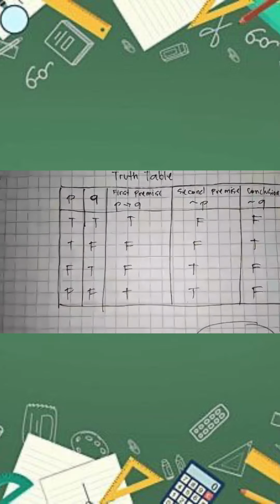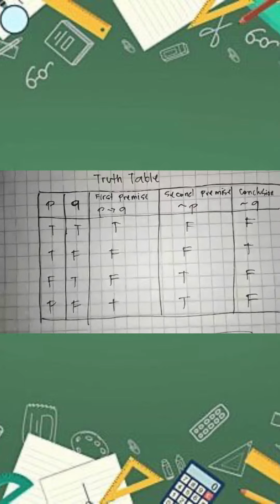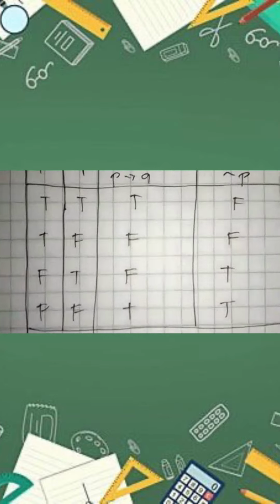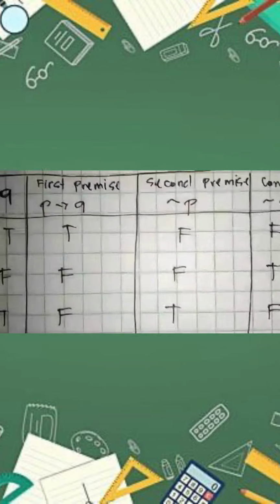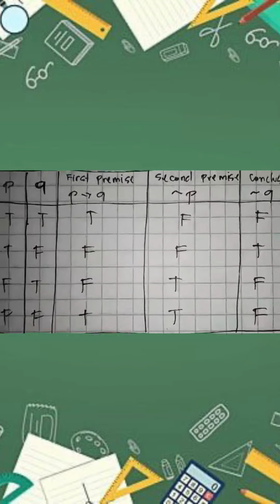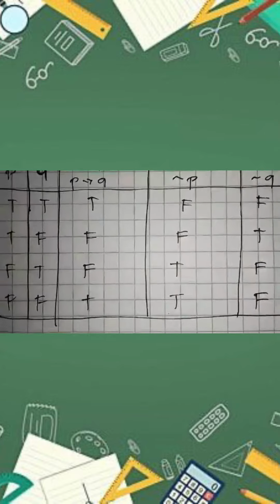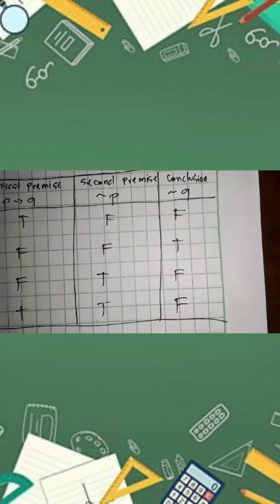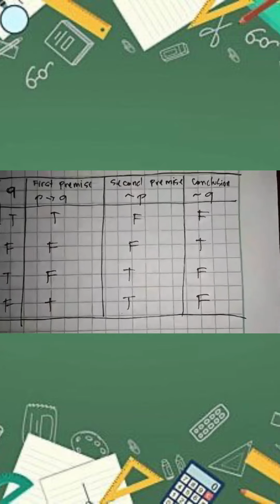In Q, I have TF, TF. And in my first premise, the result is I have TF, FT. And in my second premise, the negation of P, I have F, F, T, and T. In my conclusion, the negation of Q, I have F, T, F, F.